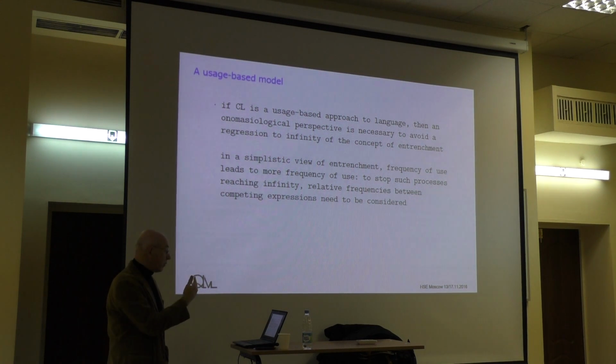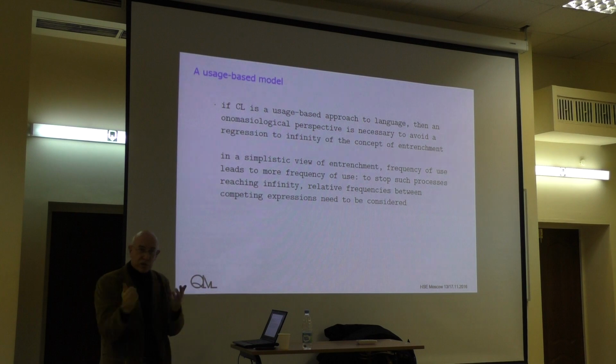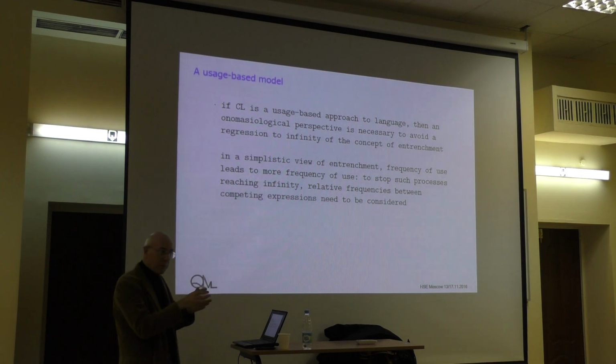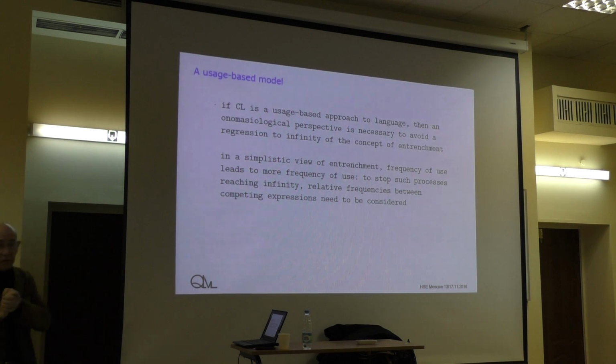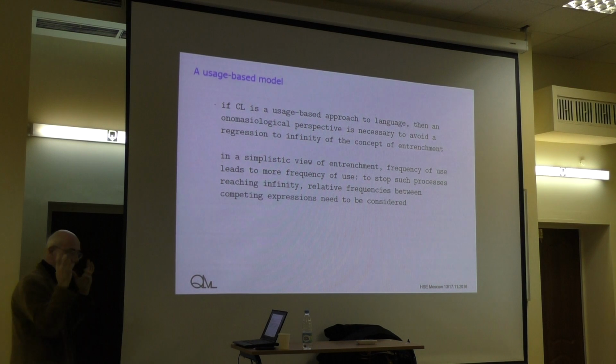So from the point of view of usage, the feedback loop from usage to system, which is what entrenchment is about, it's also very relevant to take an onomasiological perspective, because otherwise you get into conceptual problems.